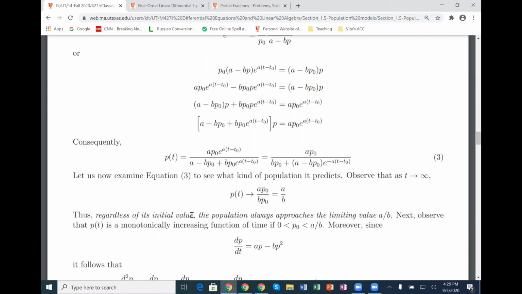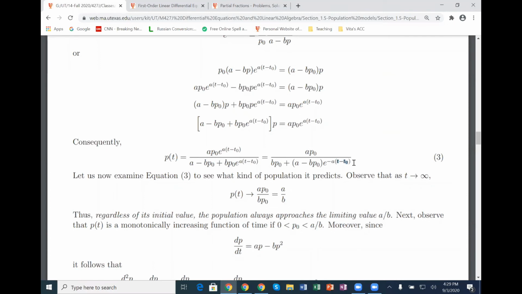Folks, any questions here? Can you explain how it becomes 0 again, like the a minus bp 0? Like I understand it's the limit, but I just don't understand. Once again, let us discuss. Let us do it together, okay? So t goes to infinity. Think about t as a huge number. If t is huge, t minus t0 is huge.